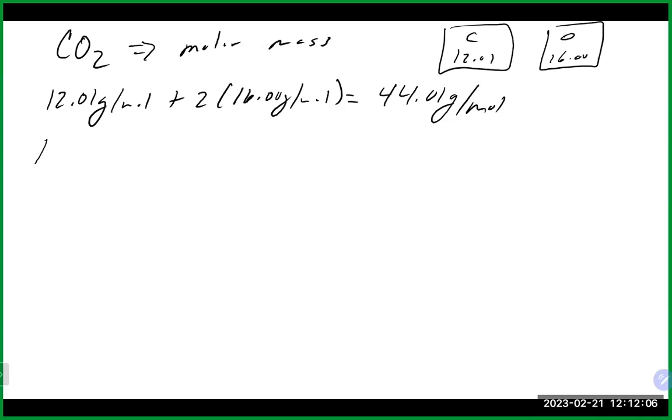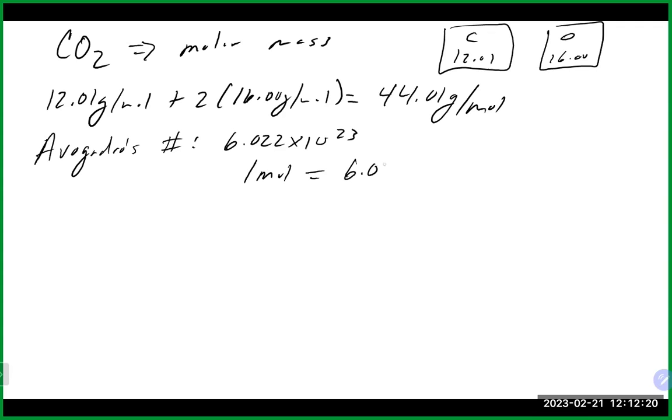We don't use it all that much in this class, but you might also remember your friend Avogadro and his number, 6.022 times 10 to the 23. That means 1 mole of anything is equal to 6.022 times 10 to the 23. These could be atoms, they could be molecules, and so forth.